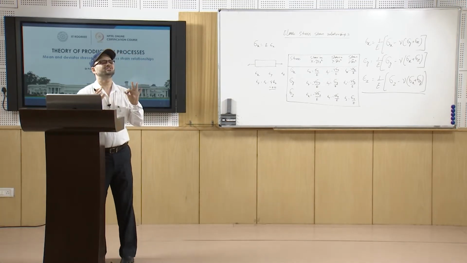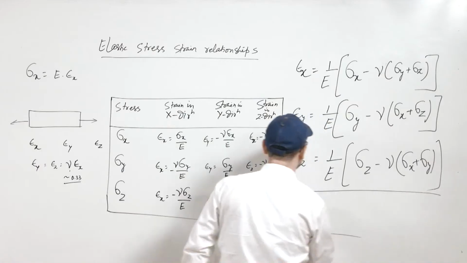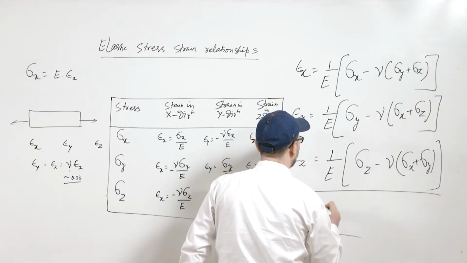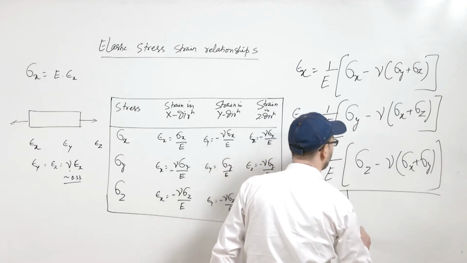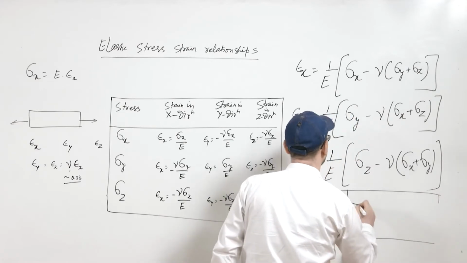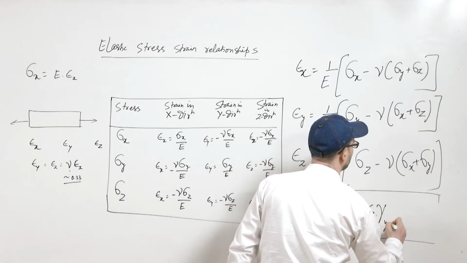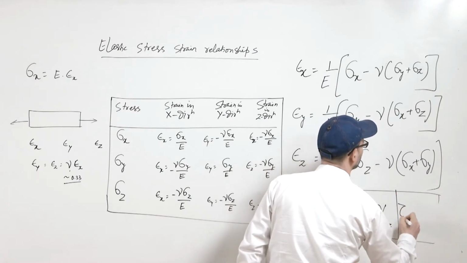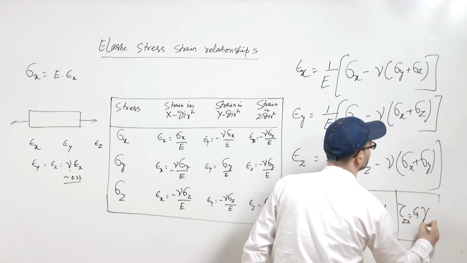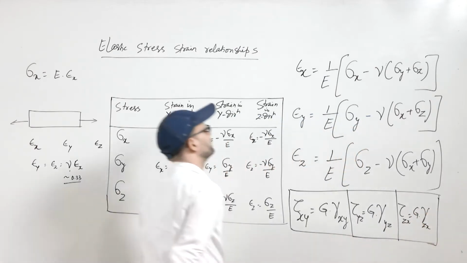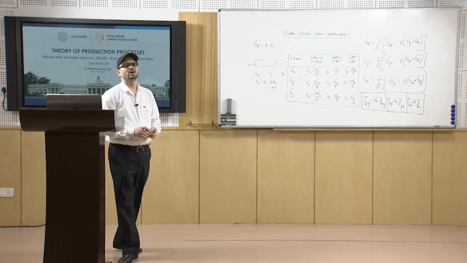Stress by strain is G. So, basically therefrom you get tau xy as G into gamma xy. Similarly, you have another relationship, tau yz will be G into gamma yz, tau zx will be G into gamma zx. So, you have another constant, that is G, that is your shear modulus.